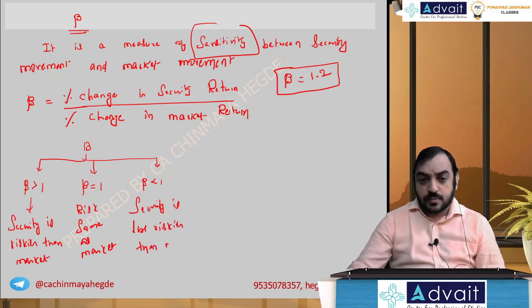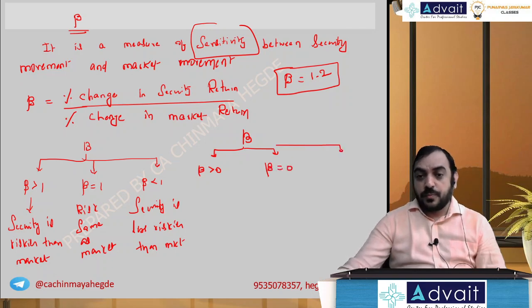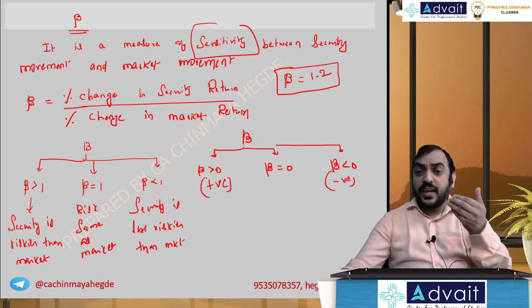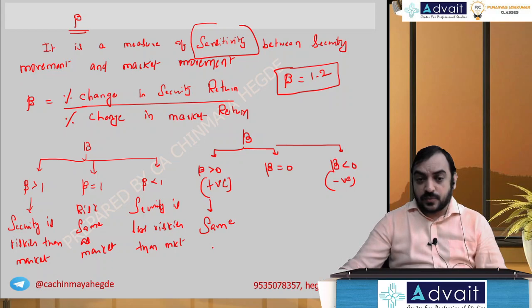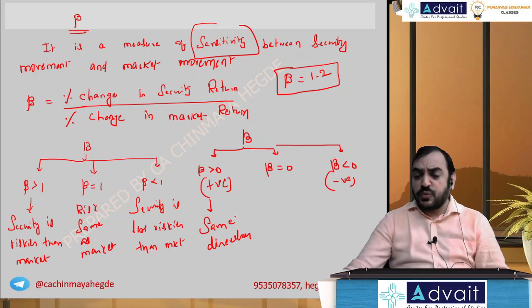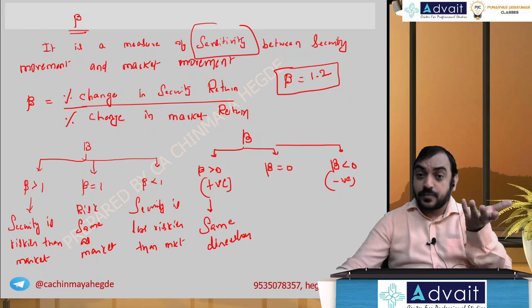Similarly, we can also interpret beta as more than 0, equal to 0, or less than 0, meaning positive, zero, or negative. Beta positive means market and security are moving in the same direction, which is mostly the case. If the stock market goes up, individual stocks also will go up. Beta negative means opposite direction, very unlikely in practical life.